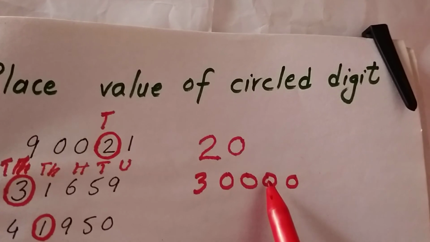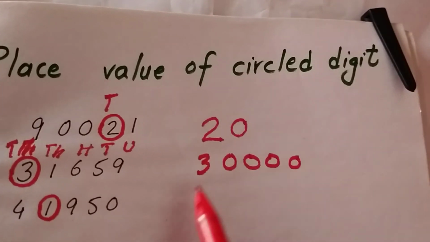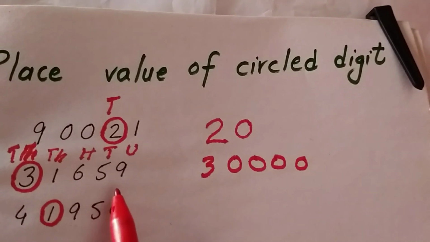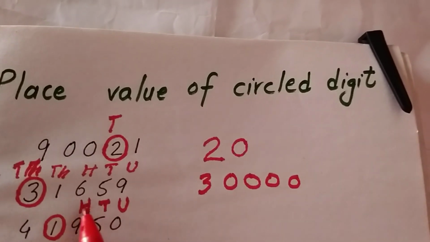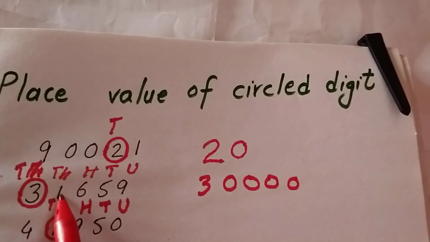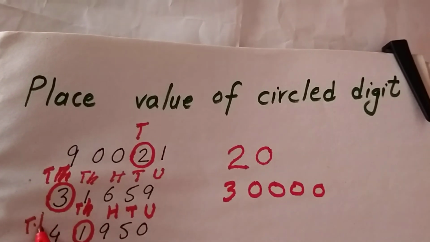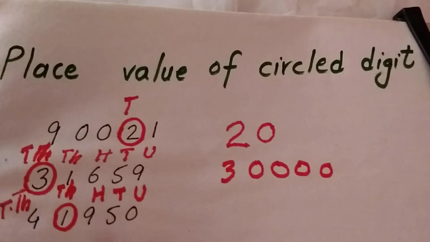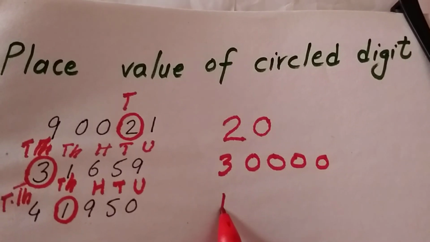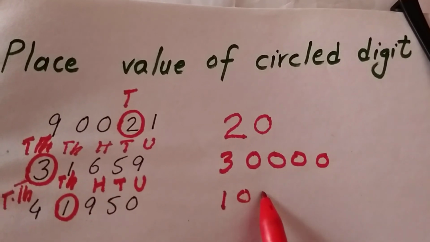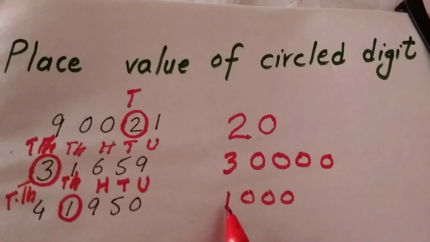Place value of 1: unit, 10, hundreds, thousands, 10,000. One.